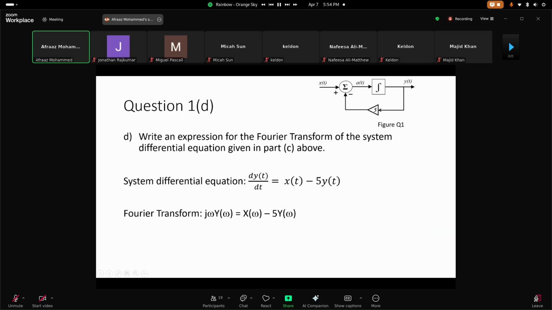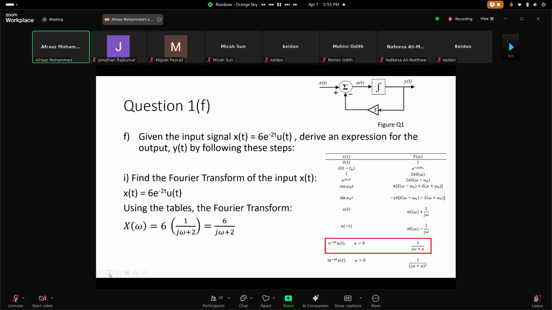So when we did this part of the question, you don't want to write lowercase y of omega equals lowercase x of omega, because that is incorrect. It has to be a capital letter. Just pay attention to that.